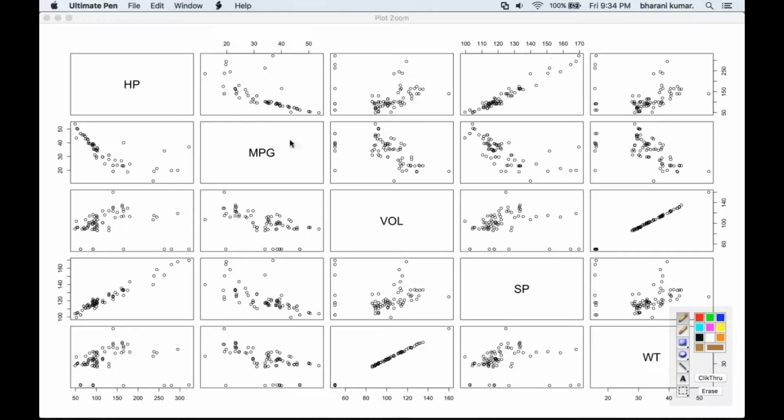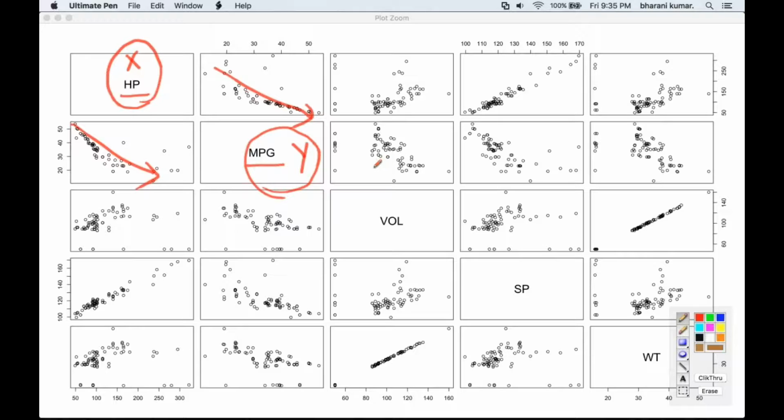Perfect. Now, if the correlation between miles per gallon and one input called horsepower seems to be negative, what does that mean? Negative correlation means as your horsepower value increases, your miles per gallon decreases. Simple.